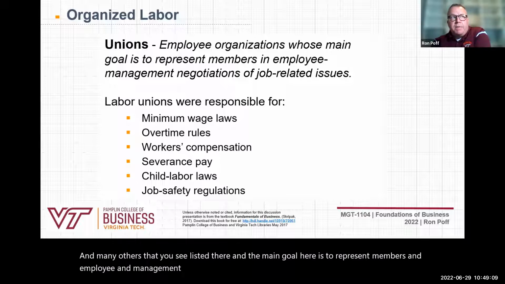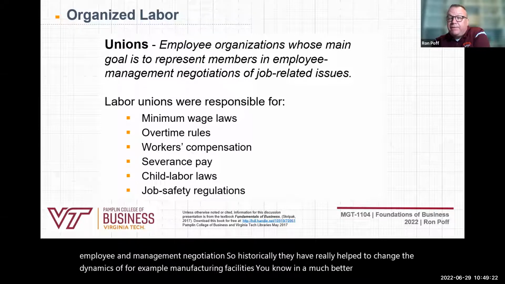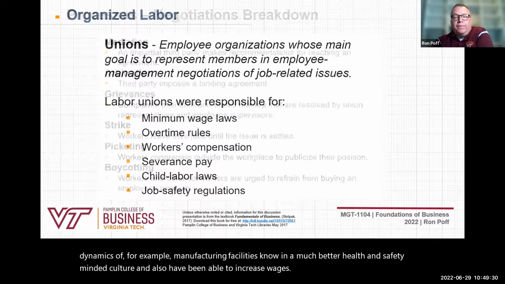Historically, they have really helped to change the dynamics of, for example, manufacturing facilities, into a much better health and safety minded culture, and have also been able to increase wages over time.